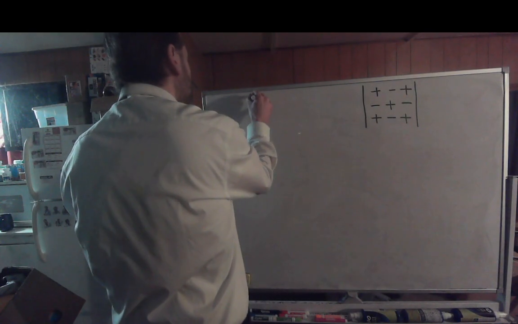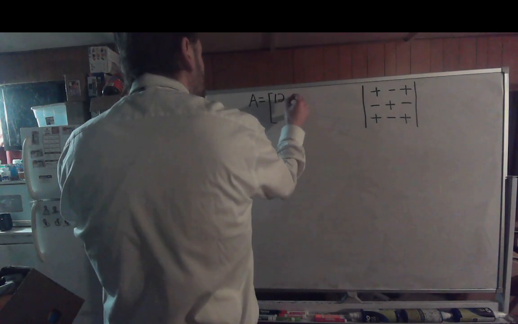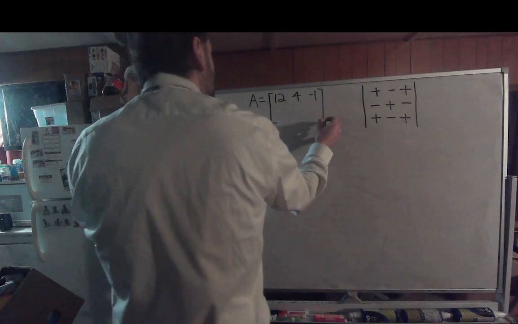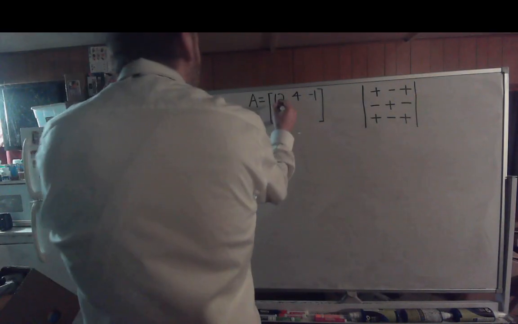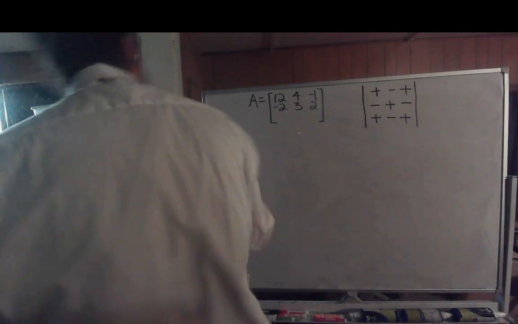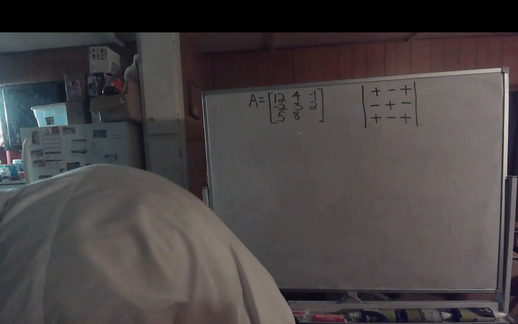So let's go ahead here and set up our determinants. So first one, you have 12, 4, -1 for the first row, -2, 3, and 2, and then 5, 8, and 1.